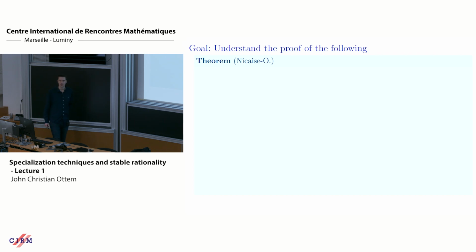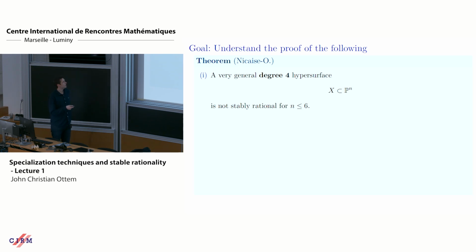So I have 3 lectures. This is not so much, and this is my goal, to understand this result here. Well, there are actually 3 results, but this is what we'll try to cover. So the first is one instance of this rationality problem for hypersurfaces.